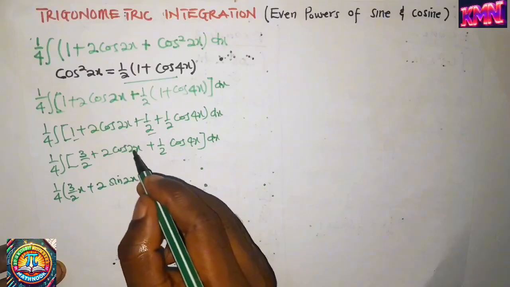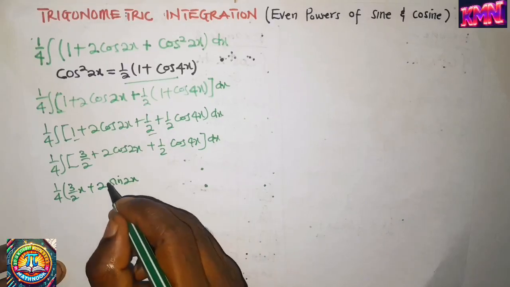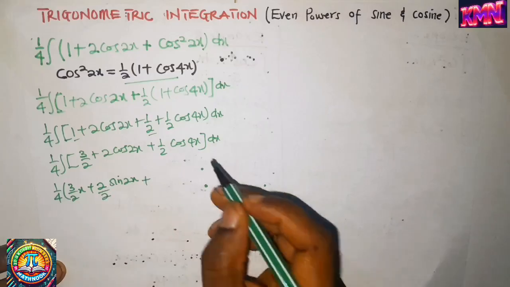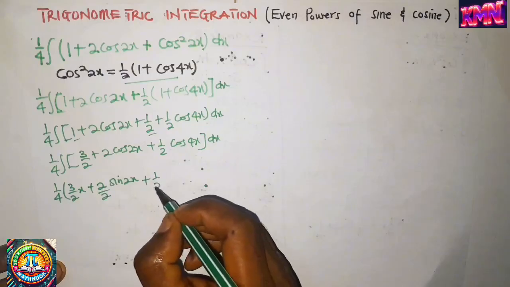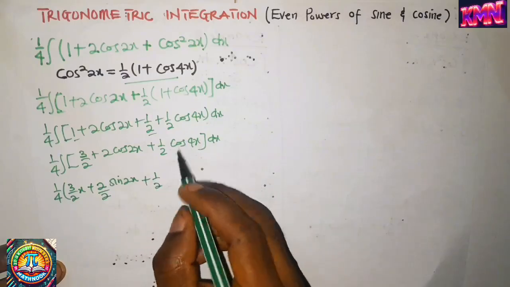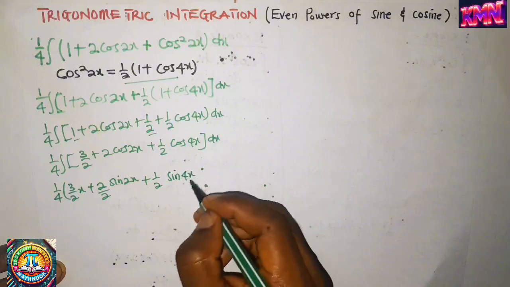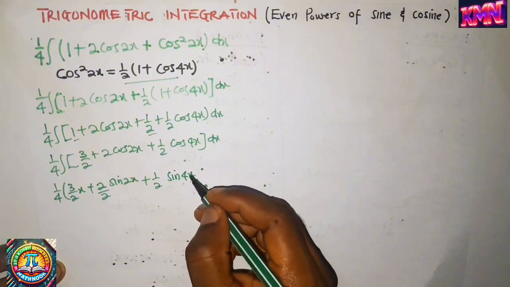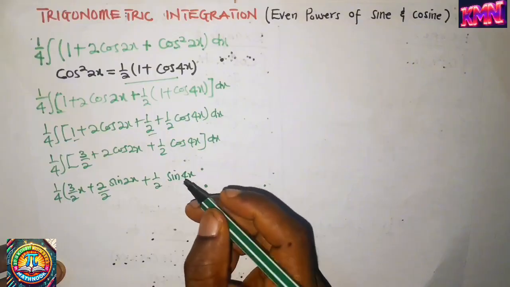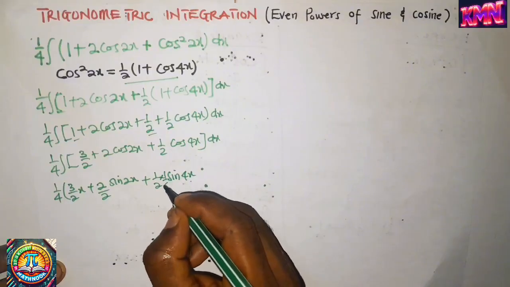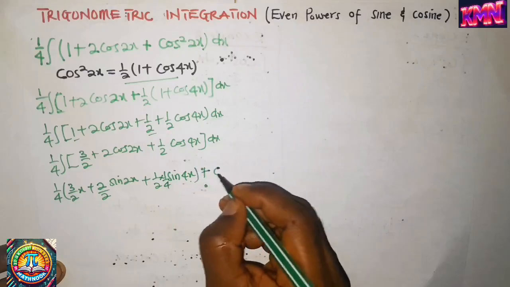Then we differentiate the function within it, that will give us 2, multiply by its reciprocal, that will be over 2, plus the same thing over here, 1/2. Then integrate the whole thing, that will give us sine 4x. Then we differentiate the function within, multiply by its reciprocal, and that will be by 1/4, plus c.